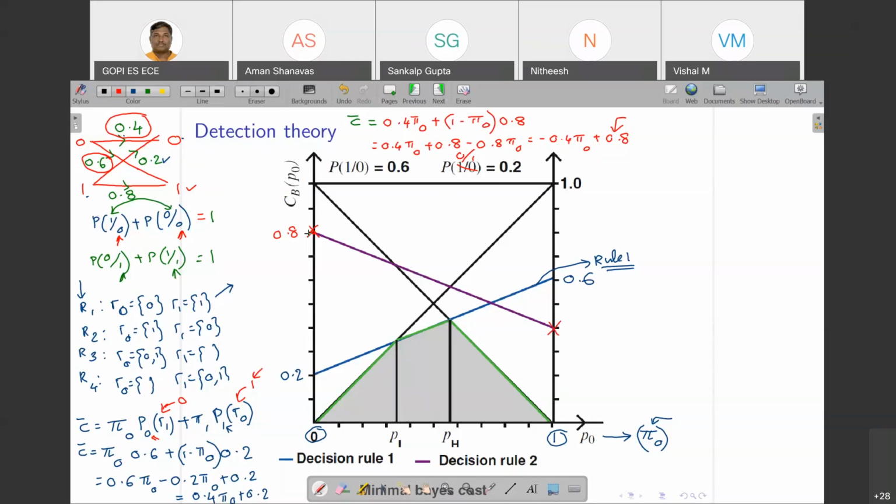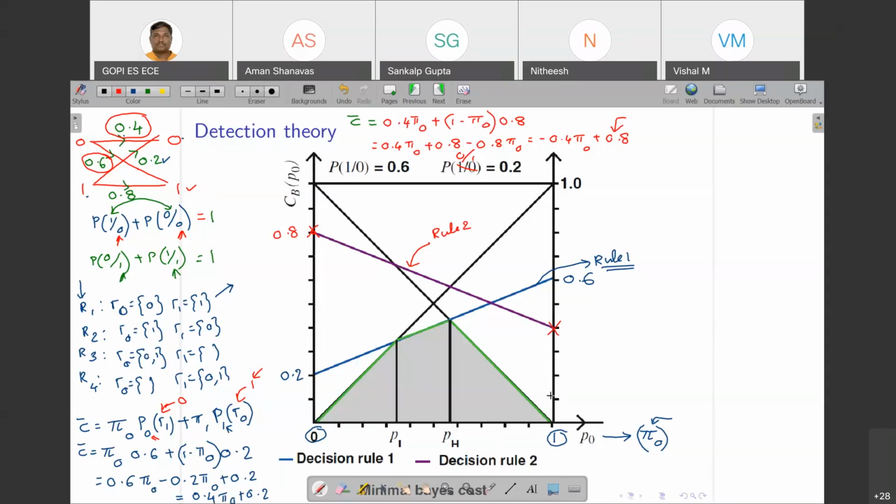This straight line that I am showing here is for rule 2. This blue one is rule 1, and this one is rule 2. So both are actually Bayes cost, right?